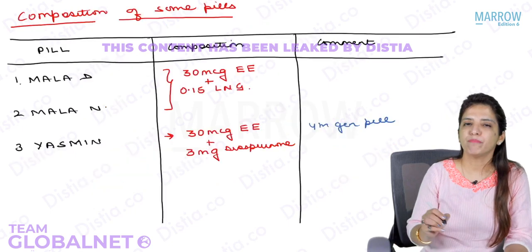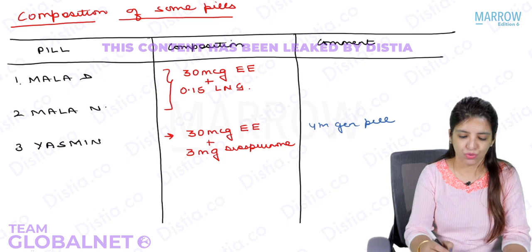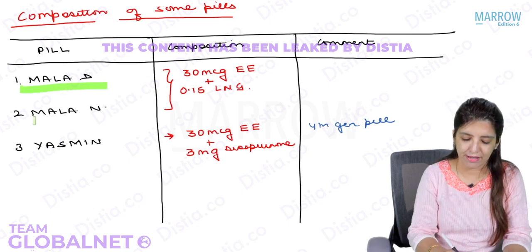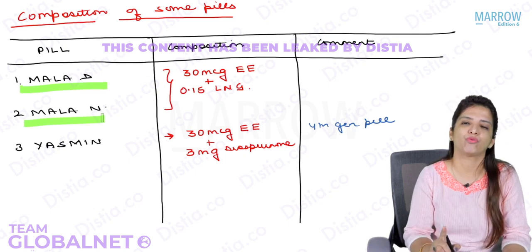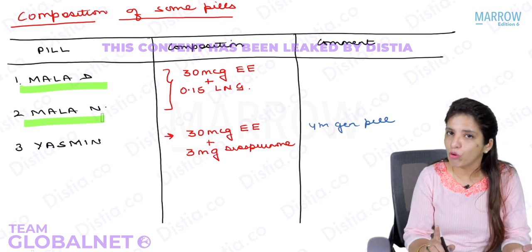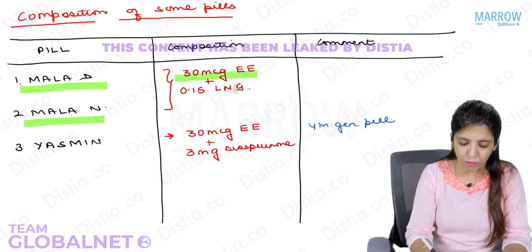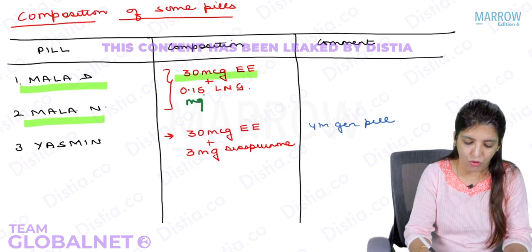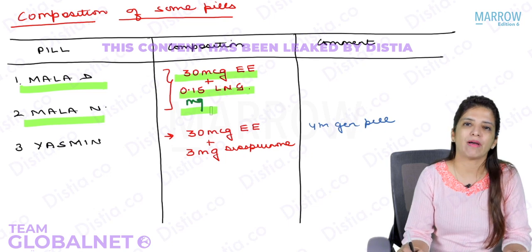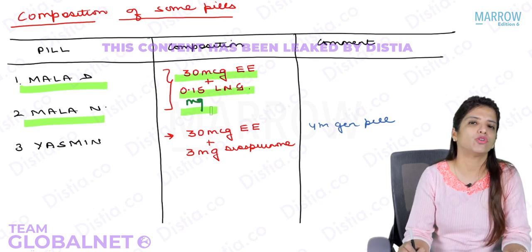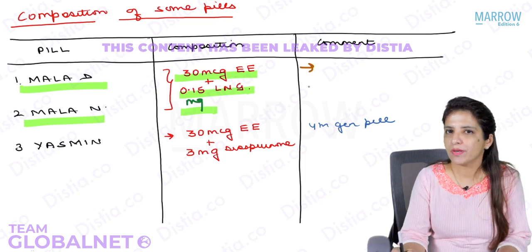Let's talk about the composition of some very important pills, in which the most important compositions you should know are Mala D and Mala N. Please remember, Mala D and Mala N both have the same composition. Both of them have 30 micrograms of ethinyl estradiol and 0.15 mg of levonorgestrel. Then what's the difference between Mala D and Mala N?